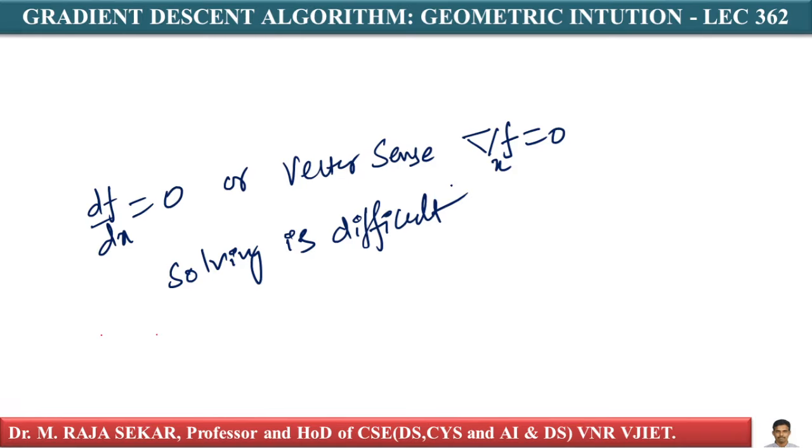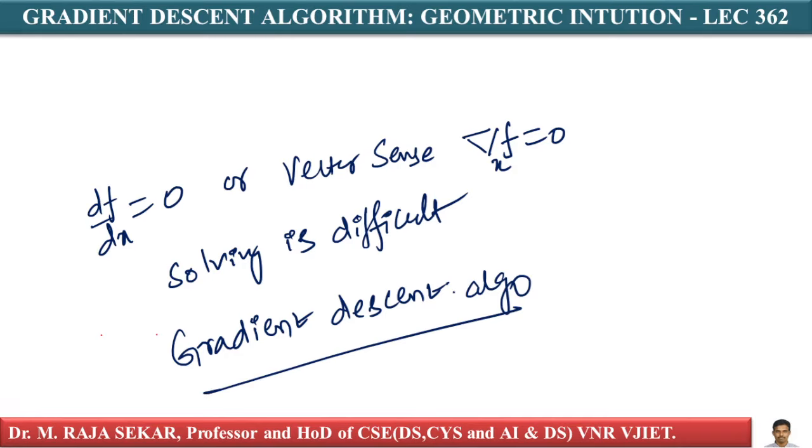When solving these equations is not easy, we have an alternative. The alternative is called the gradient descent algorithm. What is this gradient descent algorithm? We will try to understand.